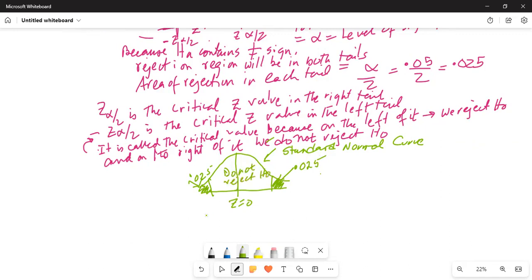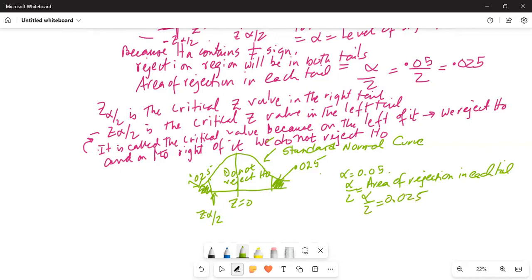So what is this Z alpha by 2? Remember, alpha is 0.05 and alpha by 2, the area of rejection in each tail, is 0.025. So let's use our calculator.